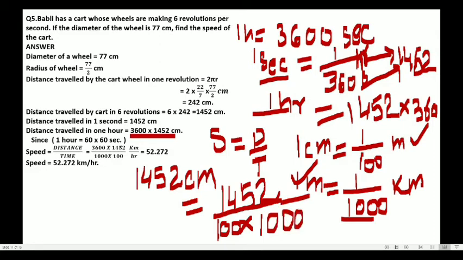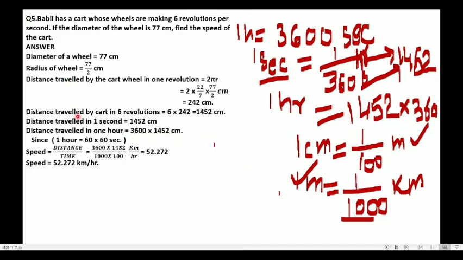So this is what exactly I have written here. Let me show you. Speed is distance upon time, 3600 into 1452, which we have converted into hour, then 1000, and also divided by 100. So the final result is 52.72. Now let us move to the next question.